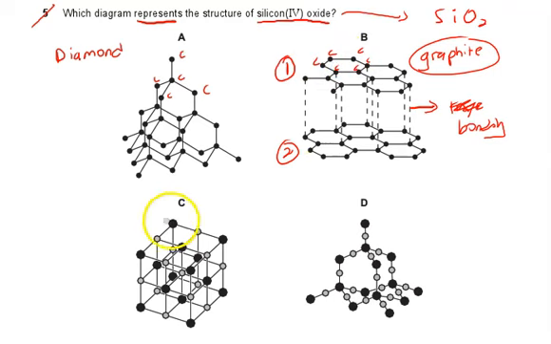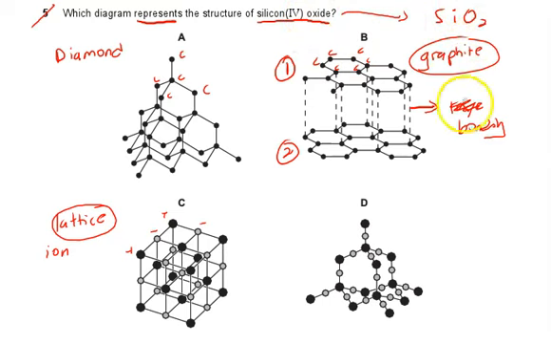Now if you look at C, this is more to a lattice structure where it involves ionic bonding. So they have positive, negative, positive, negative, positive, negative. So this is a lattice structure. It's an ionic bonding. Silicon oxide is a covalent bonding.